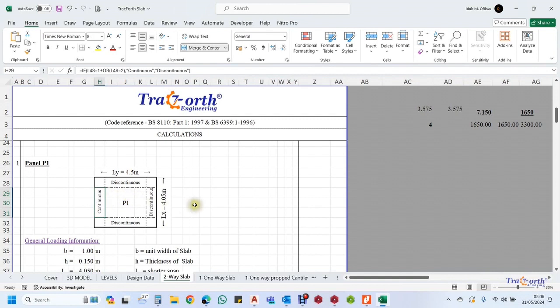Just to have it appropriately, we do continuous, discontinuous edge, and on this side we have a continuous edge.